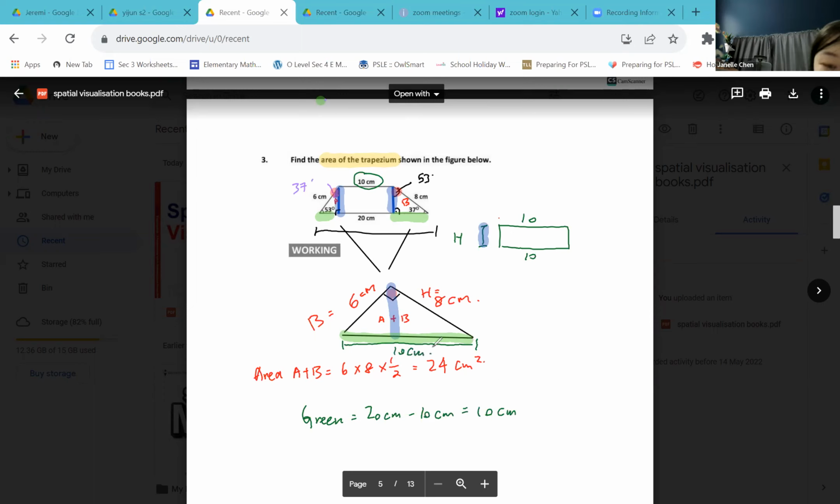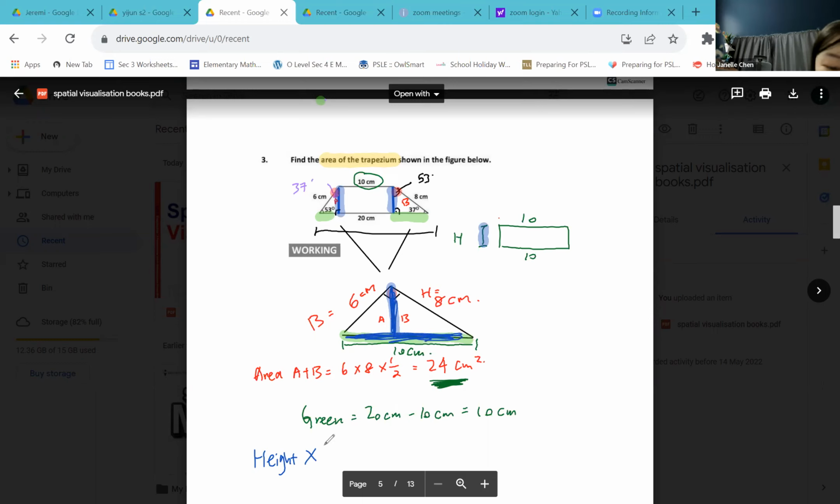So if I manage to find this as 10 cm, and I also know the area of the triangle, I think I can find my height already. So normally we have our height, and then we times our base, right? So if this is my height in this case, my base will be this one, am I correct?